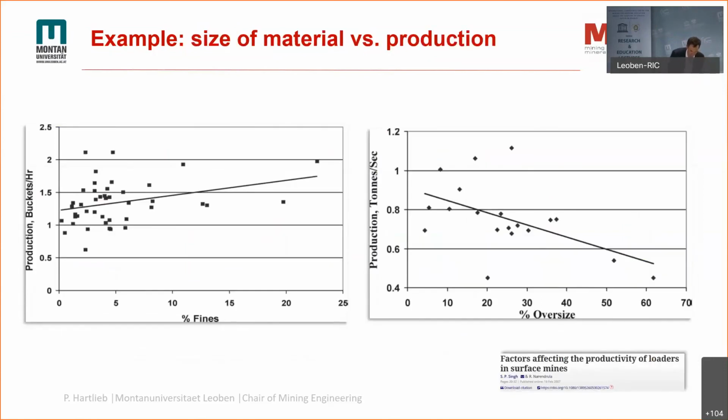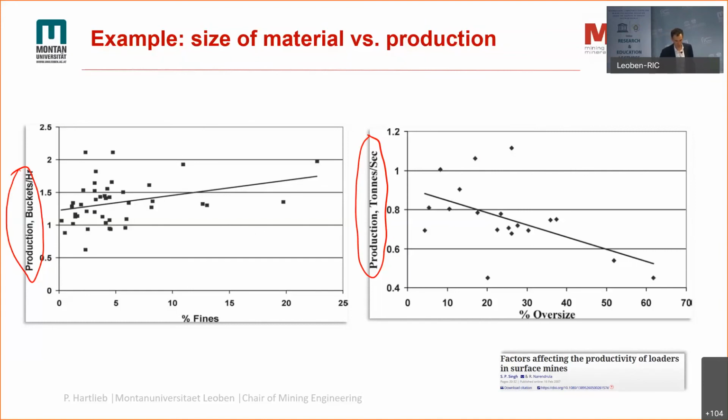Another example of other authors here: you see the production time on the x-axis, and on the y-axis the productivity, so buckets per hour, and here you have tons per second, which in the end translates to the same thing. And on the left graph, you see the percentage of fines. So how fine is the material, and on the right-hand side, you see the oversize.